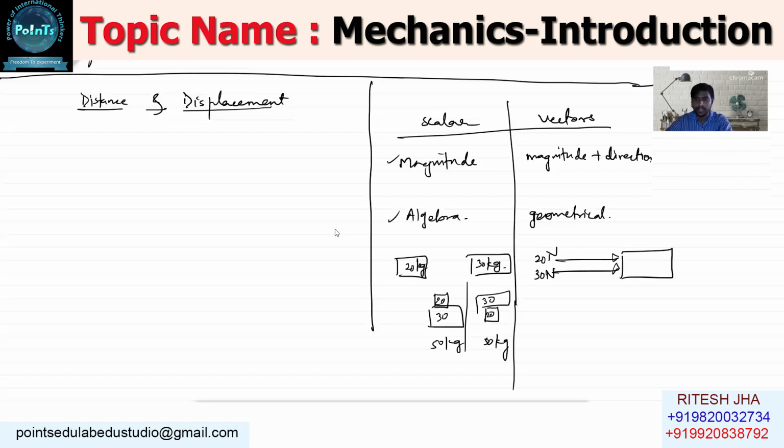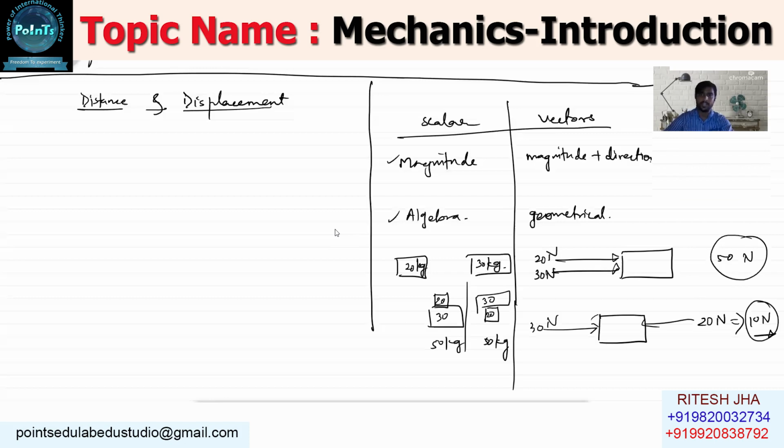In another case, 30 Newton is applied over here and 20 Newton over here. So here the resultant is 50 Newton definitely, but here the resultant is 10 Newton in this particular direction. So this explains how geometry plays an important role in operating vectors.